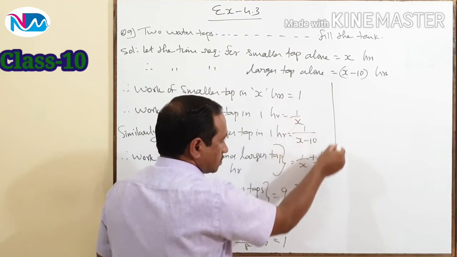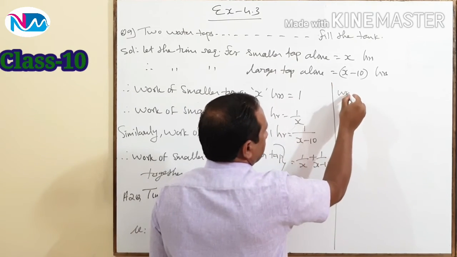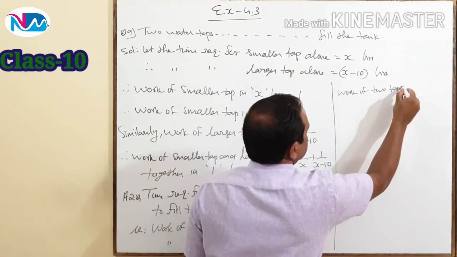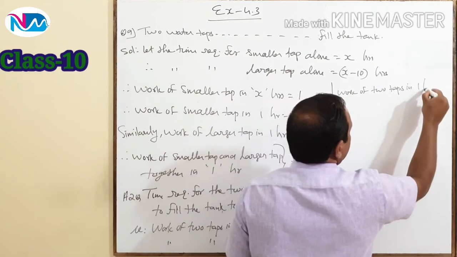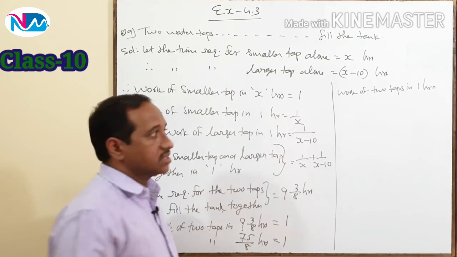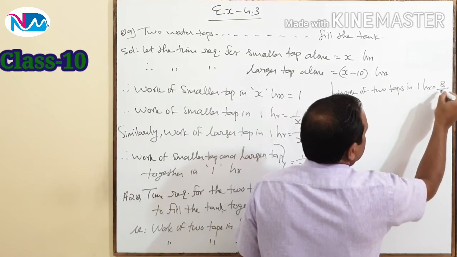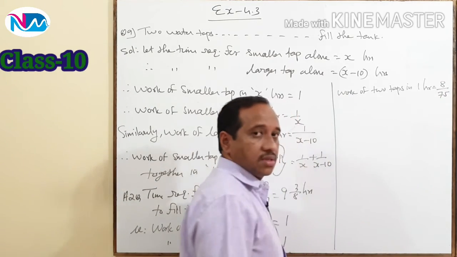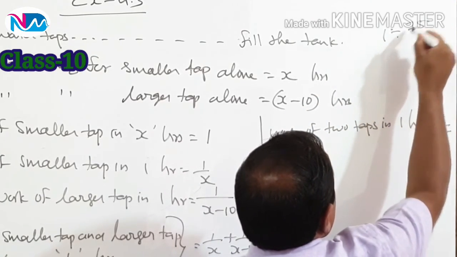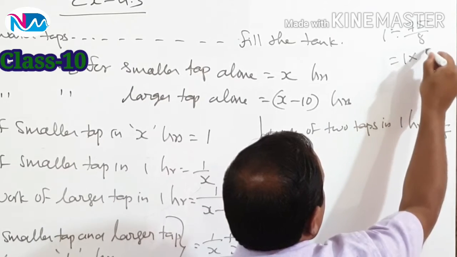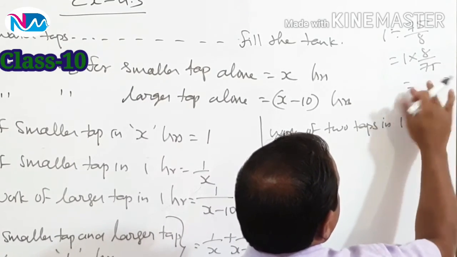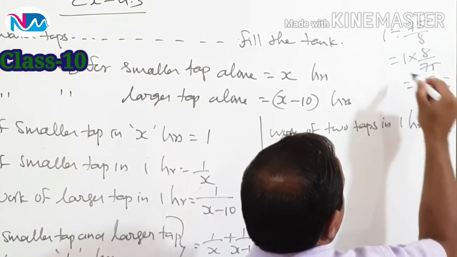Therefore, the work of the two taps in 1 hour will be 1 divided by 75 by 8, which is 1 into 8 by 75, which is equal to 8 by 75.